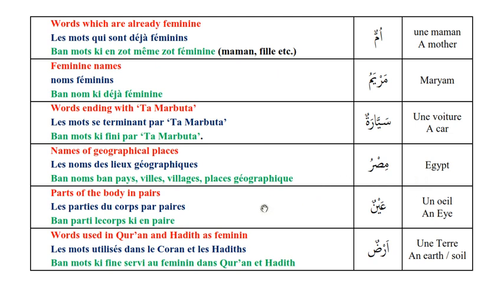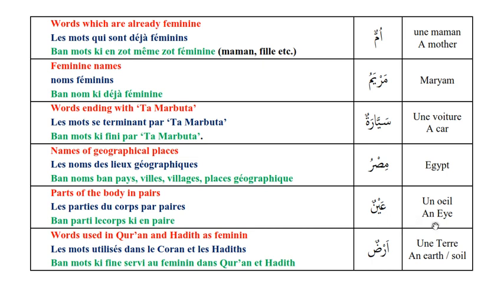The fifth category that is found here is the different parts of the body which are in pairs. Parts of the body which are in pairs. For instance, we have 2 eyes, we have 2 ears, we have 2 hands, we have 2 feet, we have 2 shoulders. Whatever we have in our body in pairs, that is 2, we say that these parts, these sections, they are feminine in Arabic language. For instance, we have aynun.